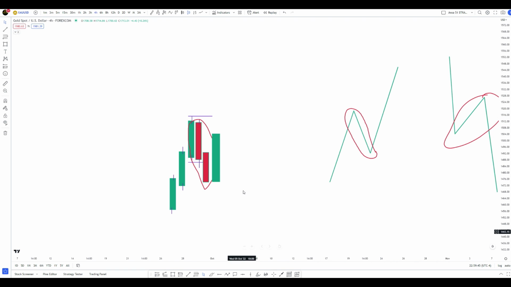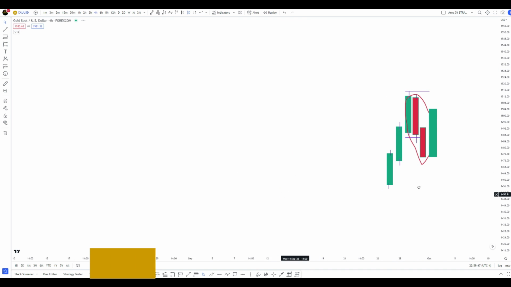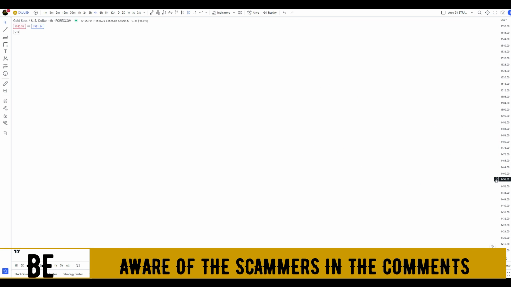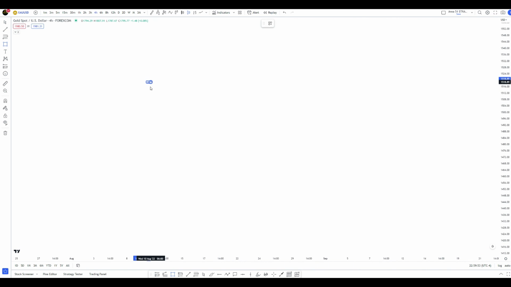All right, so how does it look in a downtrend market? This is how it's going to look. Let's say this is a bearish candle. It has wicks at both ends. The wicks are very important.